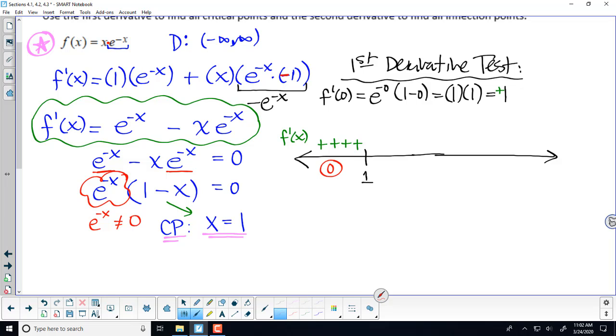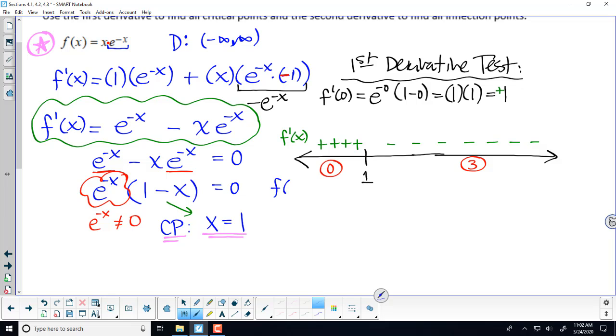Okay? So choose something to the right of 1, like 10 bazillion. I don't care, but I'm choosing 3 on purpose for a reason. When I substitute 3 into my first derivative, I should get a negative number because I know 1 minus 3 is negative. Okay, so what do we know?